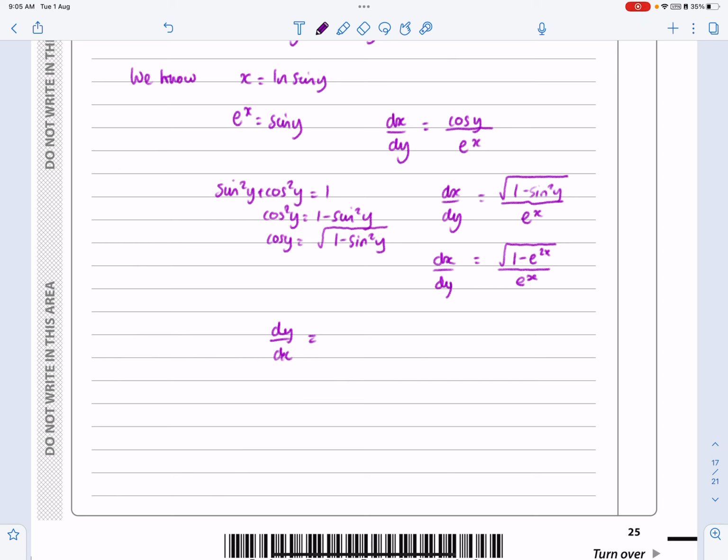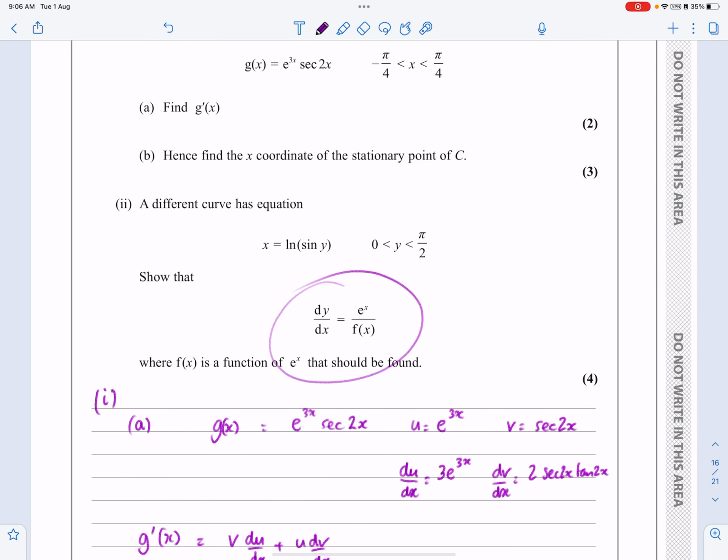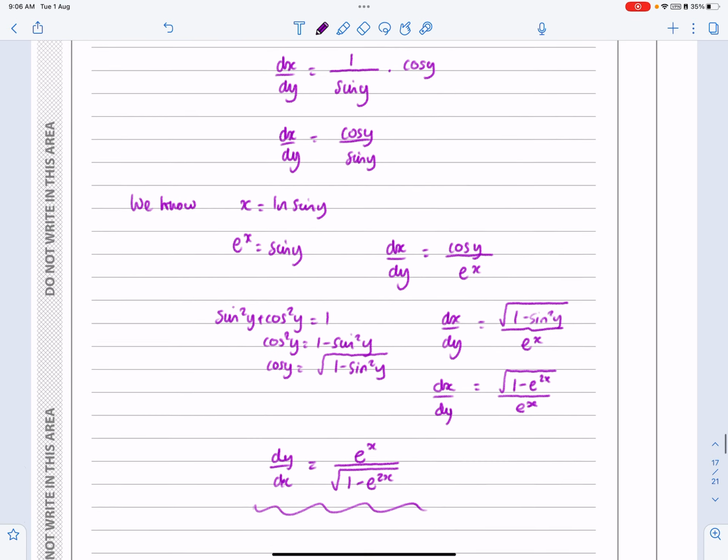So if we flip that over, we get e to the x over the square root of 1 minus e to the 2x. If we now go back and look at what they wanted, it's fallen out into that format.